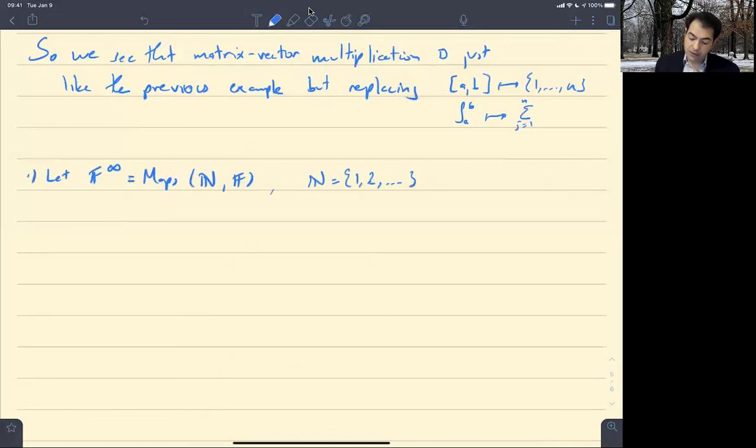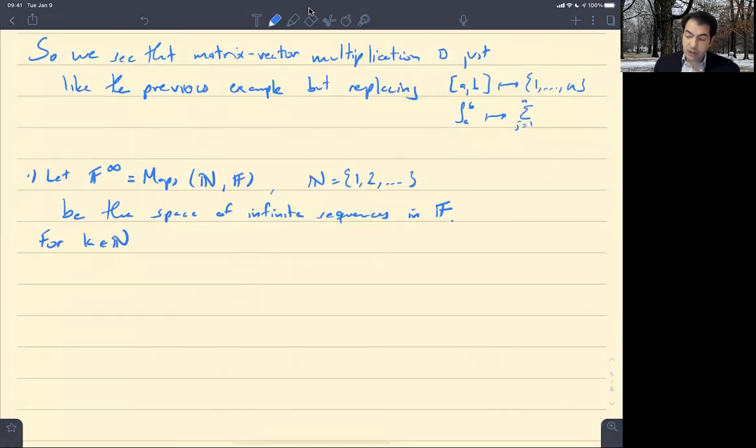So another way of thinking about this is the space of infinite sequences in F. Okay, so this is a vector space, generalizing like F^n, right? It's just like letting n go to infinity.